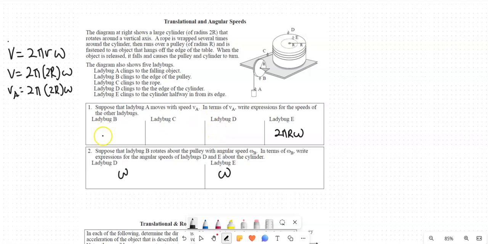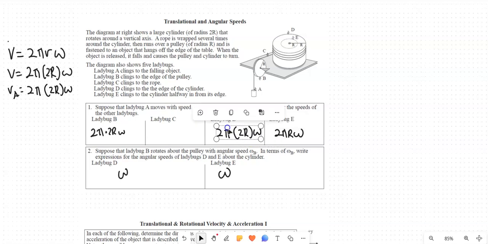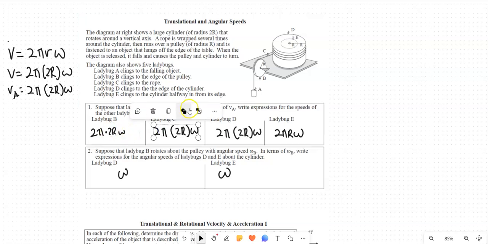While ladybugs B, C, and D are equal to this, which is going to be 2 pi times 2r omega. And I'm just going to copy that. It's that and that. And really, this is the same thing. Okay?